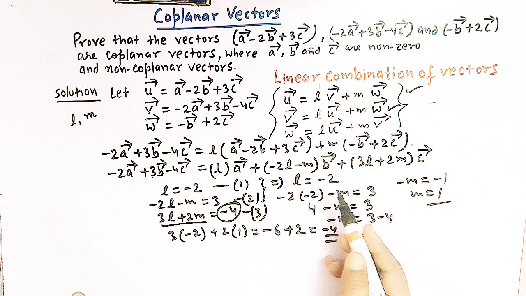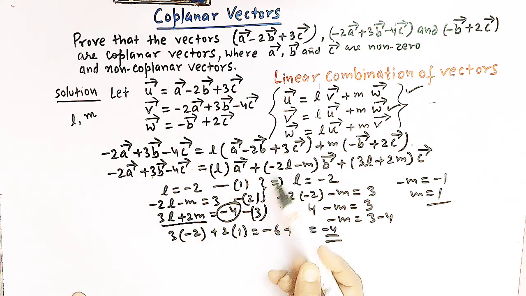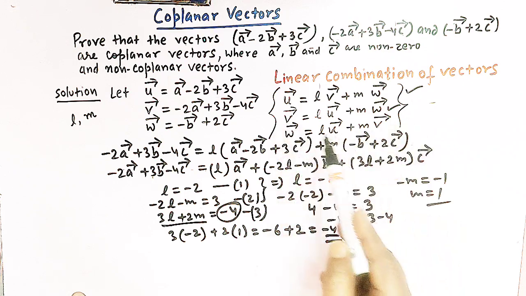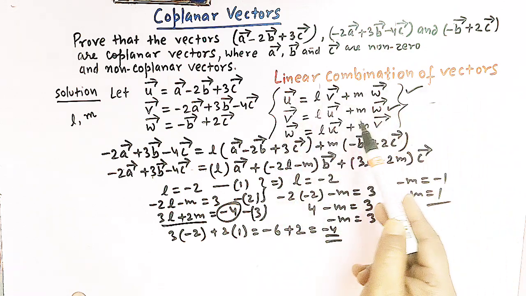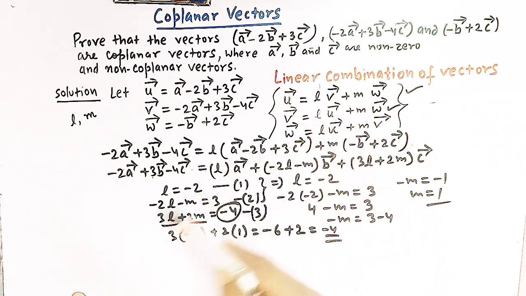So this implies that the values of L and M also satisfy equation 3, right? So it suggests that vector v can be represented as a linear combination of the vectors u and w, and hence these three vectors are coplanar vectors.